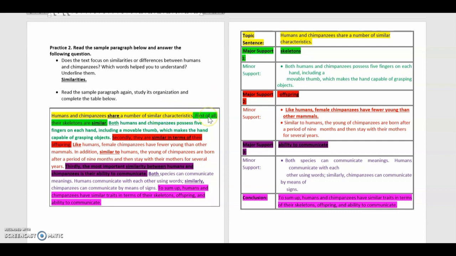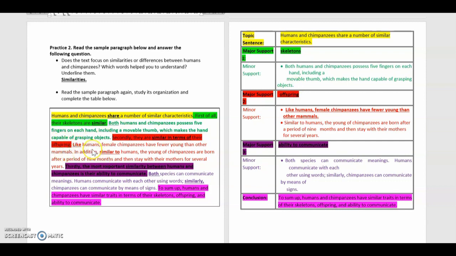What's our first similarity or major support? One, their skeletons are the same. So in green, you see that it's talking about humans and chimpanzees' similarity. Here and here, because they both have 5 fingers and they have a movable thumb. And the second similarity is their offspring, their babies.